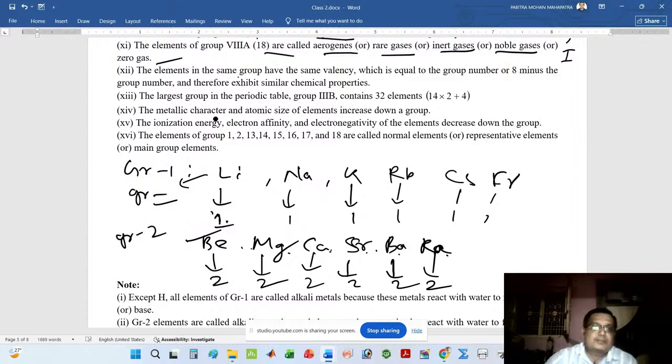So, as per the point, the elements in the same group have the same valency, which is equal to the group number or 8 minus the group number, and therefore they exhibit similar chemical properties.